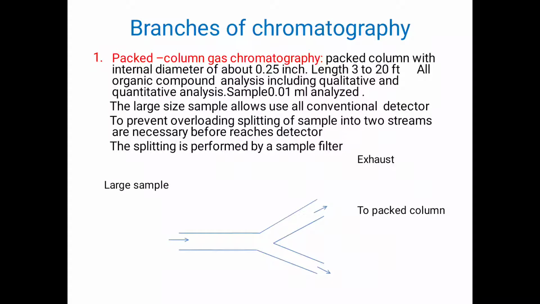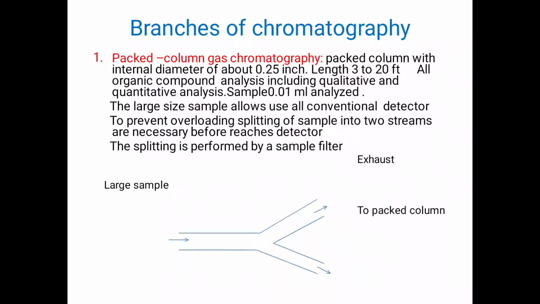It is used for the analysis of all forms of organic compounds, for qualitative as well as quantitative analysis, and the resolution is reasonable but not excellent. A sample of 0.01 ml is analyzed by this method.